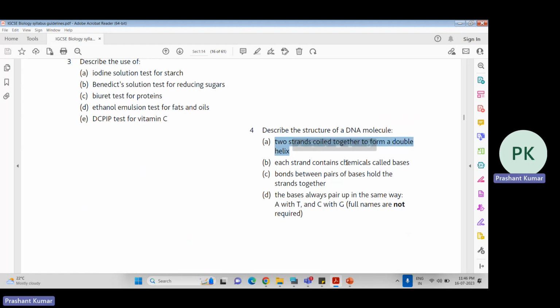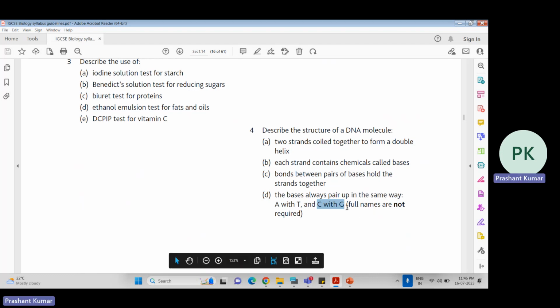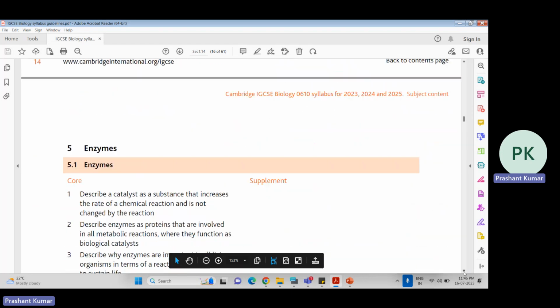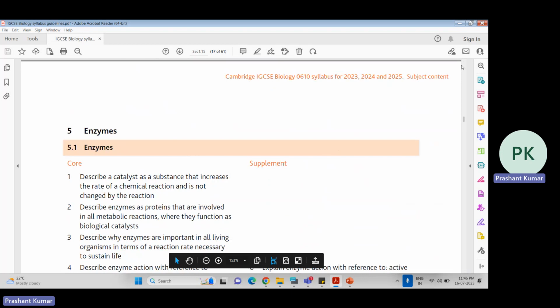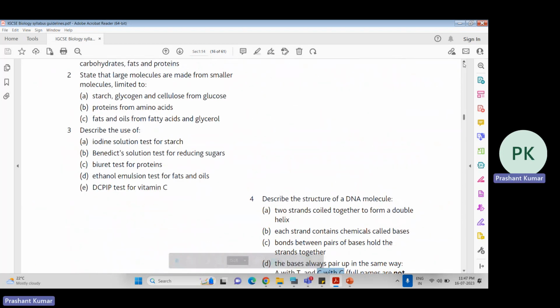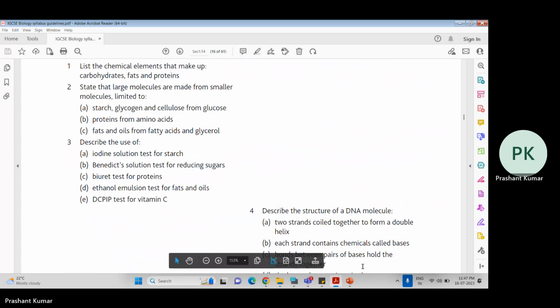We'll talk about the chemical bases, and the base pairing, in which the pairing will be between A and T and C and G. As mentioned in the syllabus, full names are not allowed, so we can write letters A, G, C, T. That's all we have in chapter 4. So let's begin.